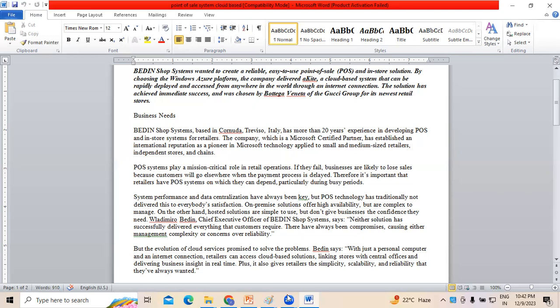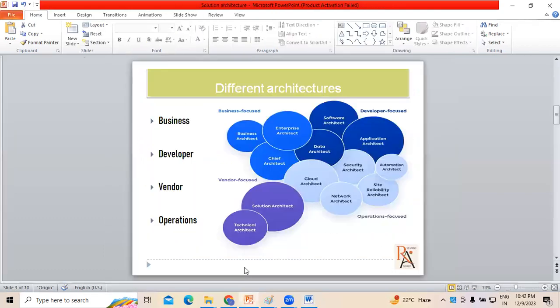Okay. Now, when it comes to the organizational structure level, where I told you we focus majorly on the business architecture level, at the same time there is the enterprise architecture level. This enterprise architecture will be categorized into 4 different parts. We have enterprise architecture, and we have solution architecture.